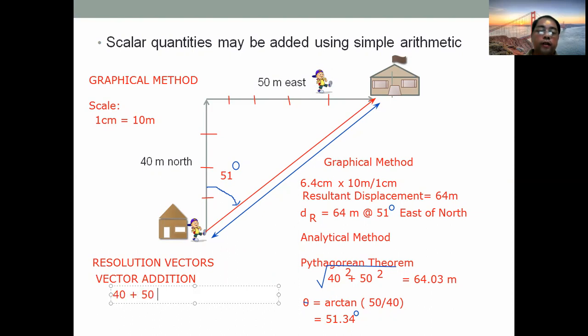The two-pointed arrow symbol means that it is not equal. In algebra, 40 plus 50 is equal to 90, but in this case it's not. The answer is only 64.03, and that's what we mean by vector addition.